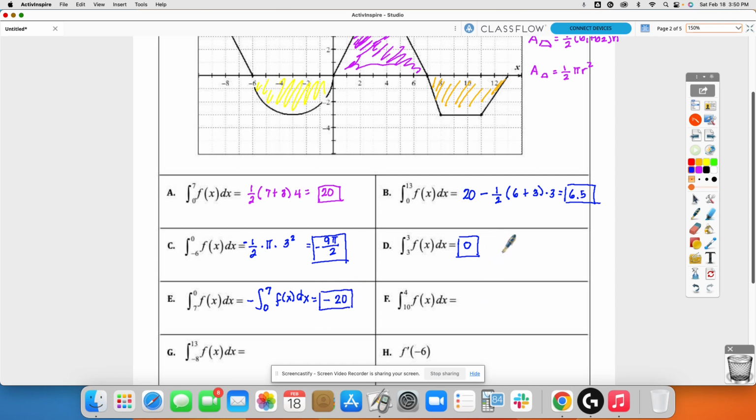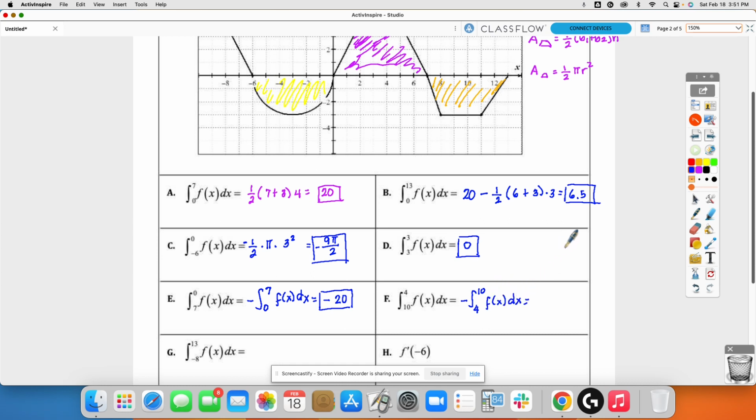Okay, for letter F, it's the same thing. The lower limit is higher than the upper limit, so we get the negative and then switch the limits. So this would be negative integral from 4 to 10 of f of x dx.